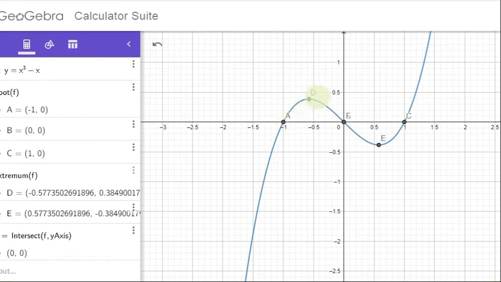Now it decreases until it reaches our local minimum here. The absolute minimum and absolute maximum of the function are negative and positive infinity. So these points that we find are local maximum and local minimum.